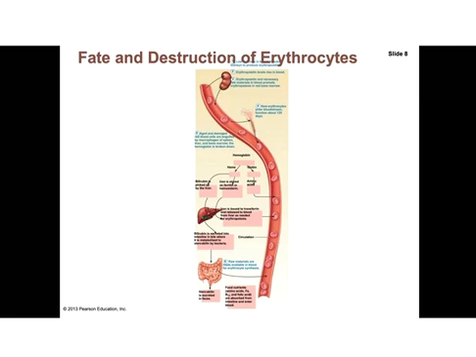Another pigment, urobilinogen, is excreted in the kidneys, and that's part of what makes urine yellow. The globin gets metabolized into amino acids, and that gets released into circulation, and that protein gets reused.